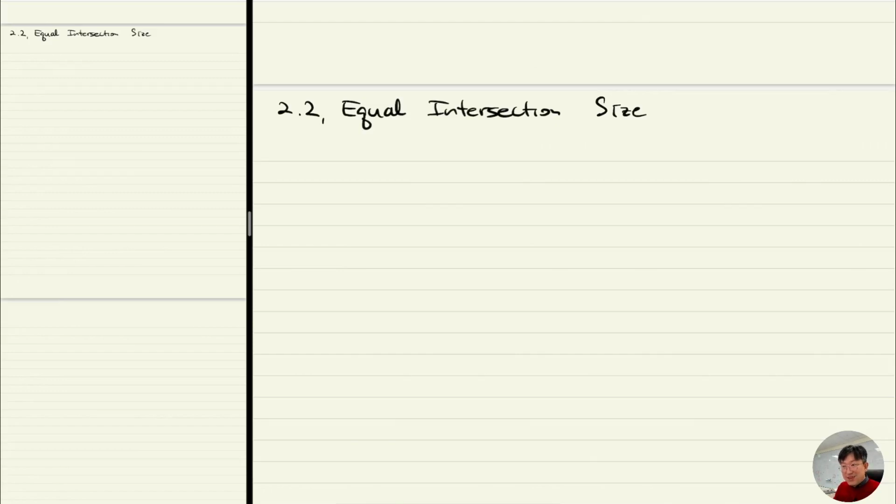In the previous video, we talked about the situation where the intersection of the two members is non-empty. Now we modify the problem and ask that the intersections have the same size.